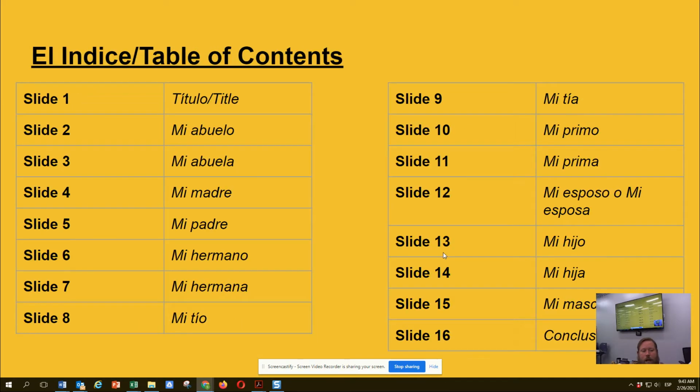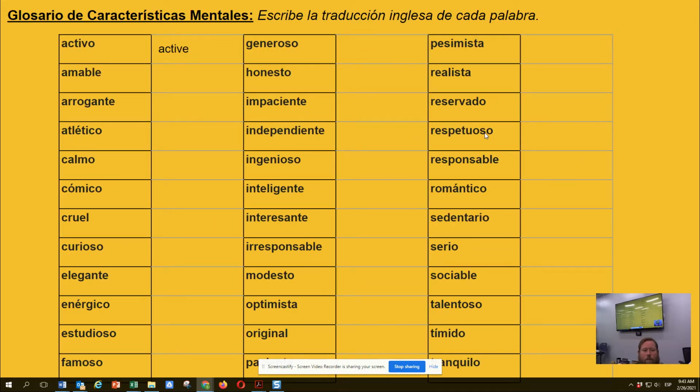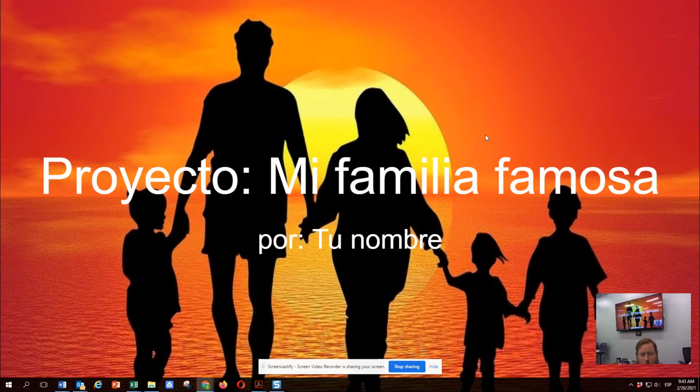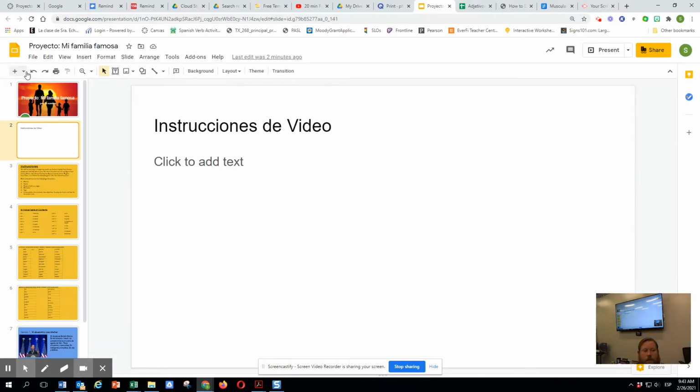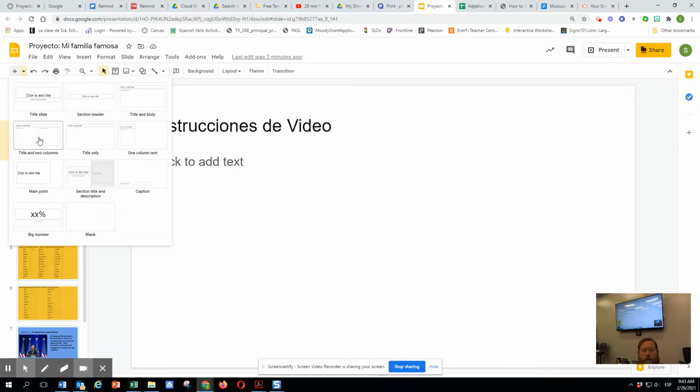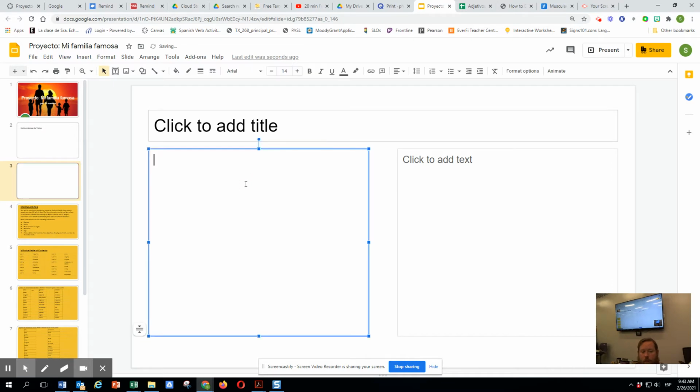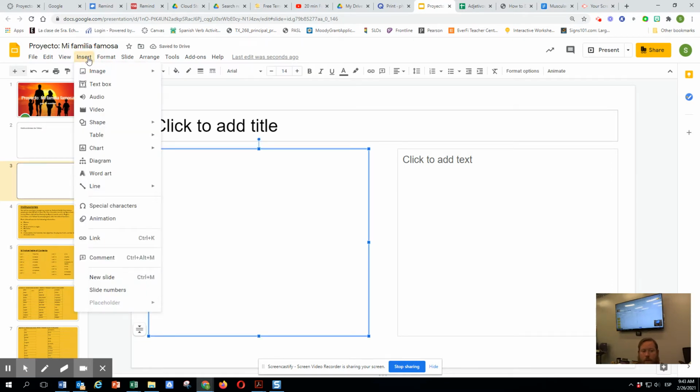And so to help you with that, first of all, here's a table of contents that tells you what to do for each slide. What a lot of times my kids would do, which I think is always a good idea, is just to start to make all these slides with the title. And when you add a slide, my suggestion is to come here to this part, and this is the one you want to choose, which is a title and two columns, because one side will have your picture, which you can just insert from the web.